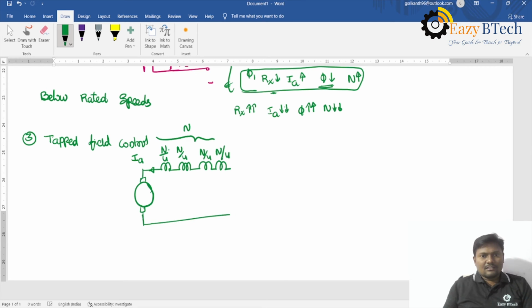I am giving a supply voltage, and here I am providing a switch. So this is the first position, second position, third position, and fourth position.